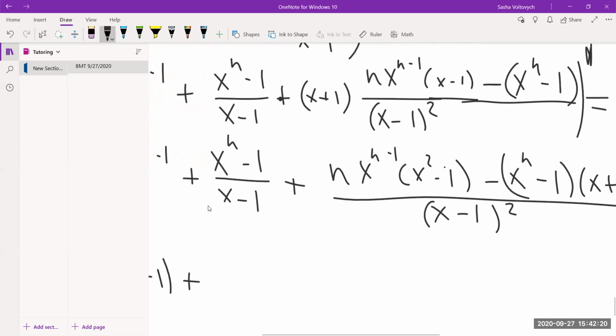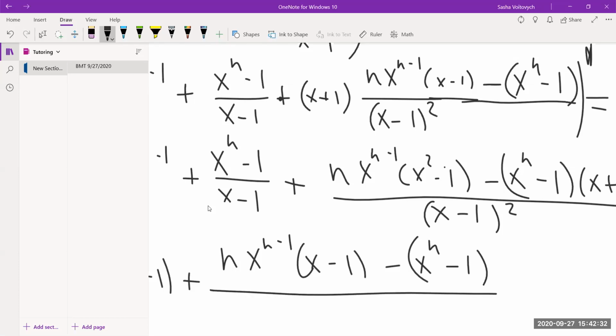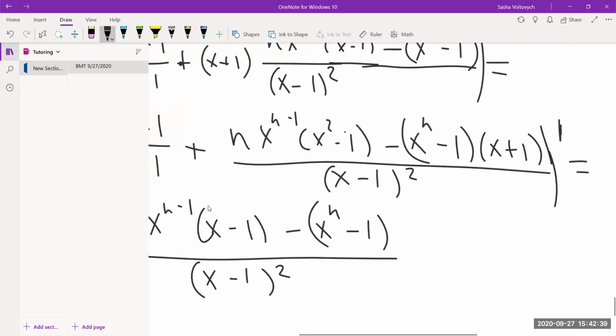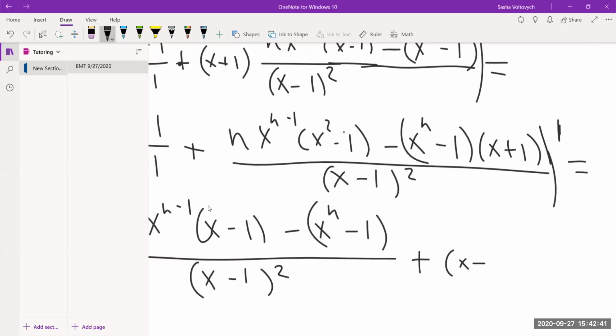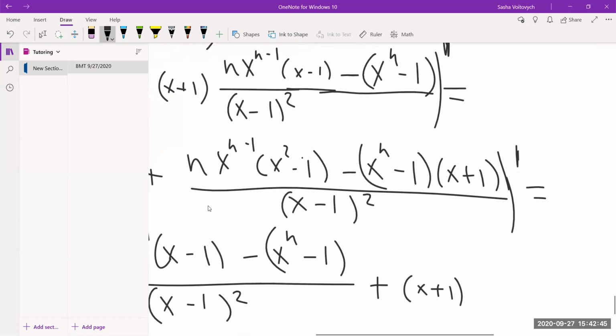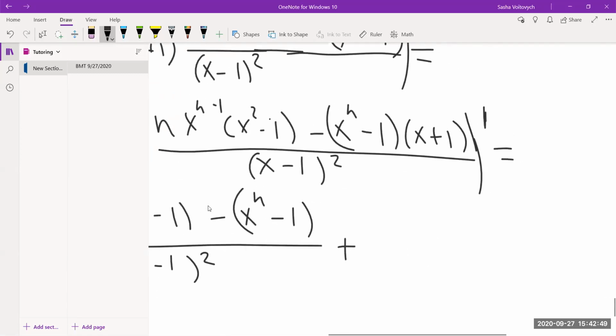We already took the derivative of that, which is this, x minus 1 over (x - 1) squared, plus, so we have to now differentiate this guy.